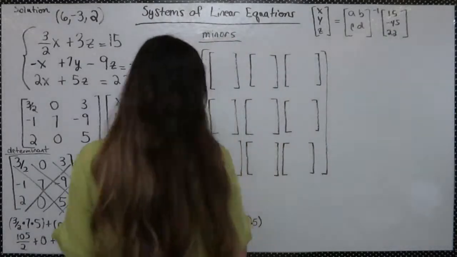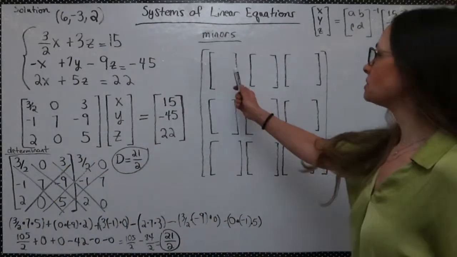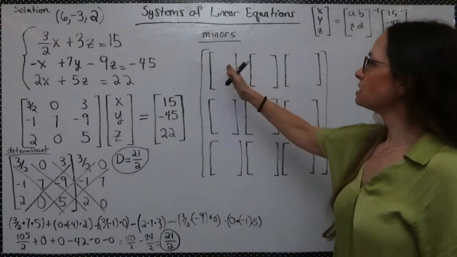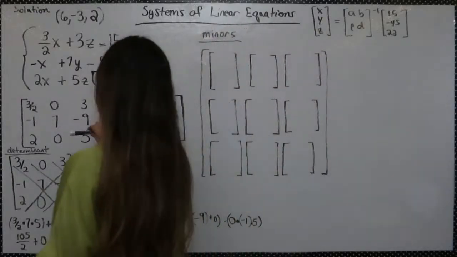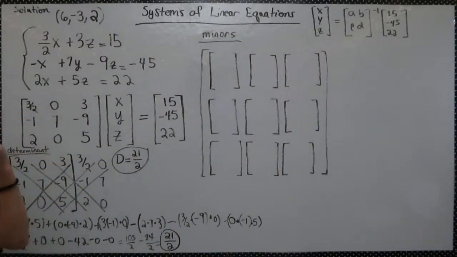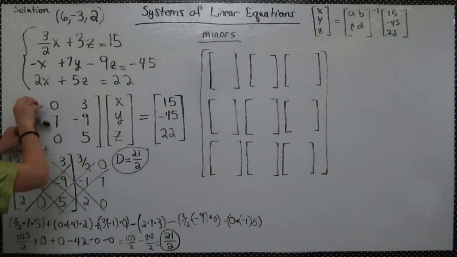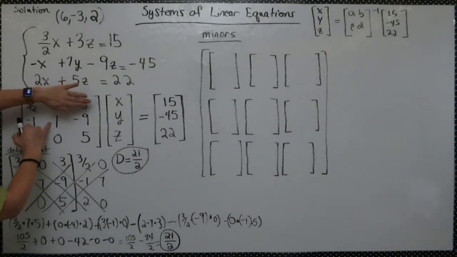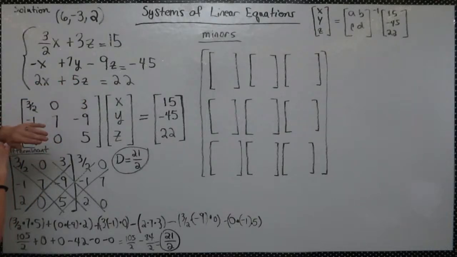So what we're doing is we're crossing out the rows and columns of the particular position. Recall that this is row 1, column 1. So I'm going over here to my coefficient matrix and crossing out the rows and columns, and looking at this resulting matrix of 7, negative 9, 0, and 5.